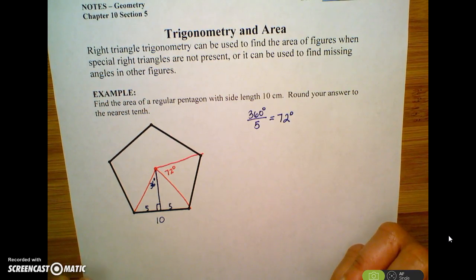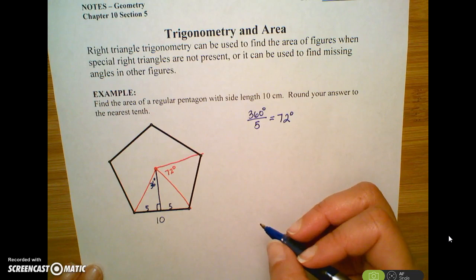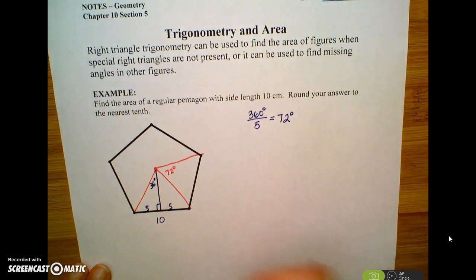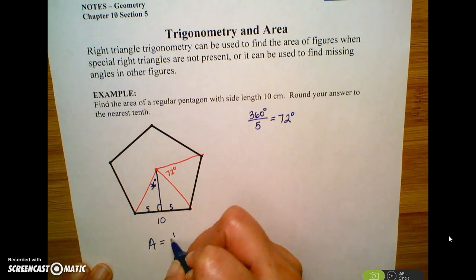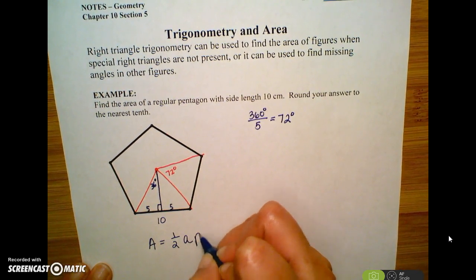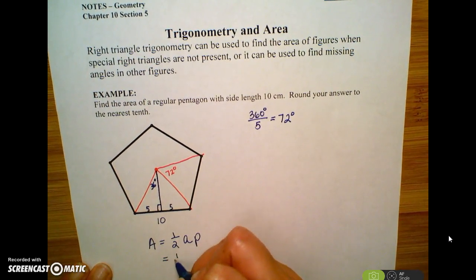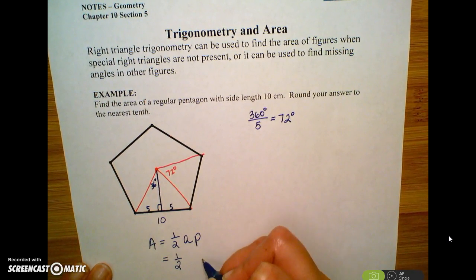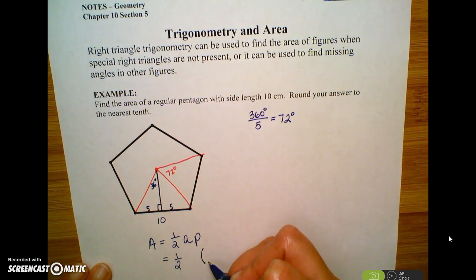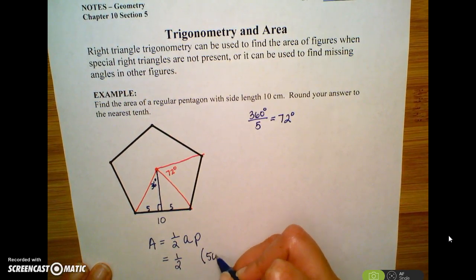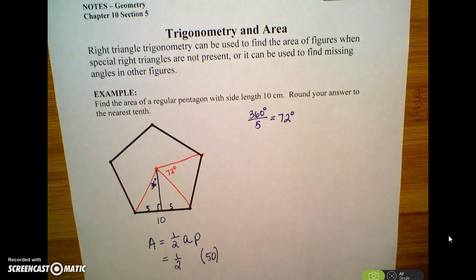At that point, I know to calculate the area of this object, I will need to use the formula half apothem perimeter. Right now, I don't know the apothem, but I do know the perimeter is 50. So we need to find that apothem.